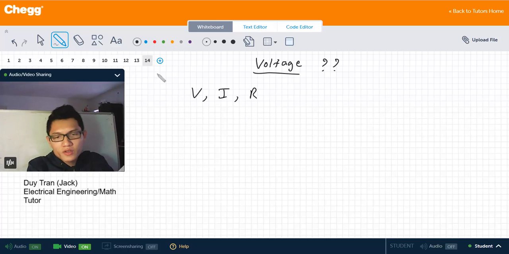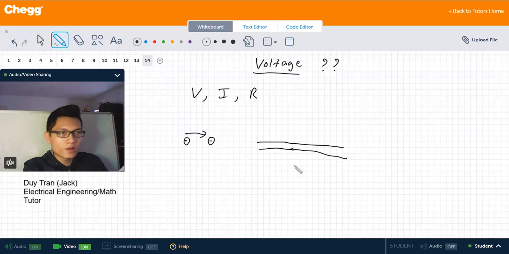First, electricity is the movement of electrons. You know that the electron has a negative charge, so it can flow inside a wire. Imagine you have a long wire like this. The electron is sitting inside the wire, so it can flow either left to right or right to left.